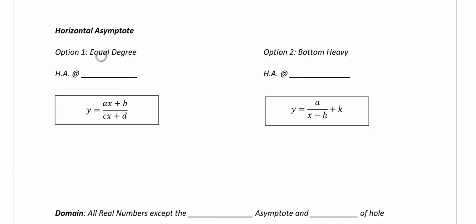We have where it's equal degrees, so there's 1x on top and 1x on the bottom. Your horizontal asymptote is a over c. And then this one is what we call bottom heavy. So you have just x on the bottom, and you have this hanger-on over here, and that is your horizontal asymptote, y equals k. So you have to look to see what you have.